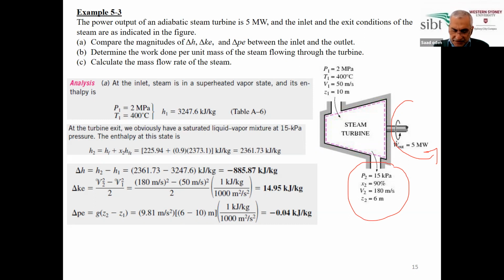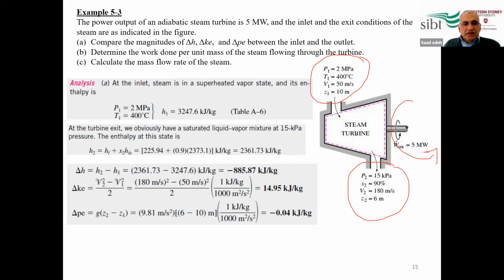So first of all, in this type of questions, if you have all this information of the inlet fluid and exit fluid, the first thing you do is to get the values of enthalpy of the inlet and exit, so that you can solve the energy balance.